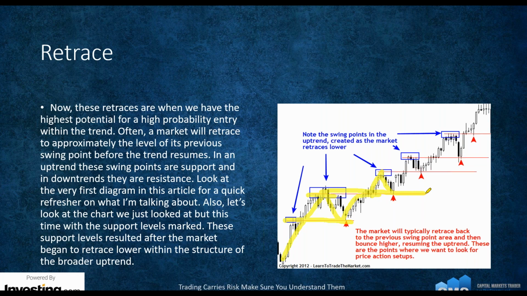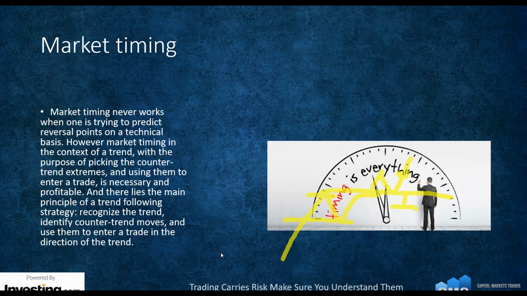Price comes back down to what is now our support level, moves back up, bounces through it. And one of the entry points we might establish is when it breaks that next resistance level. Also, the support level helps us decide where to put our stop loss points. Okay. Sounds simplistic, but it works. Now, what it comes down to is market timing is everything.